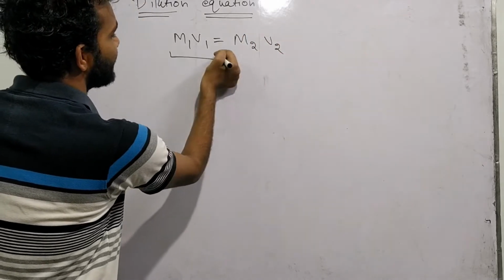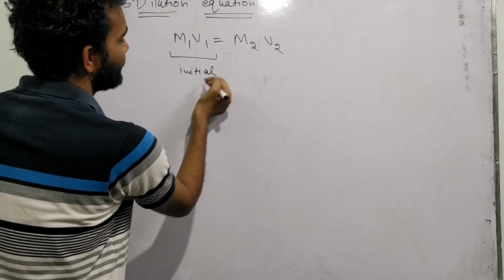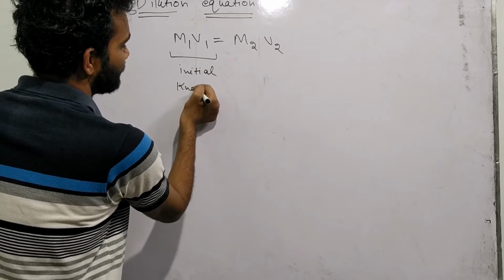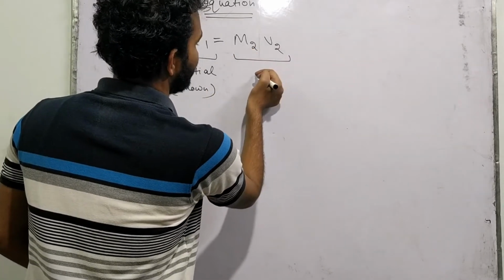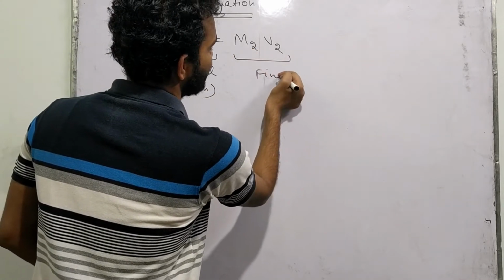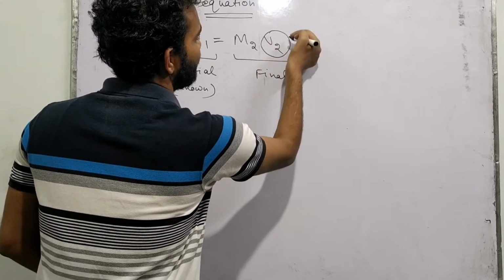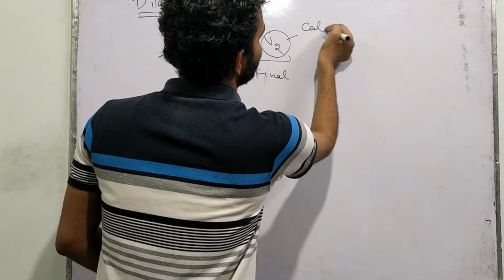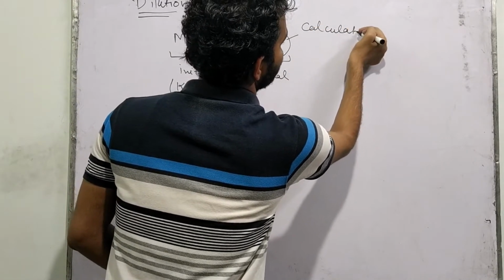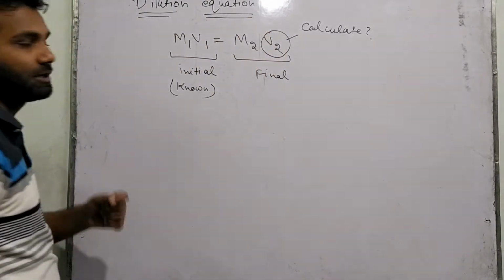This left hand side is basically for the initial. Initial means known, and that side is basically for final. And in this final, this V2 volume we have to calculate, and this molarity is already in the question.